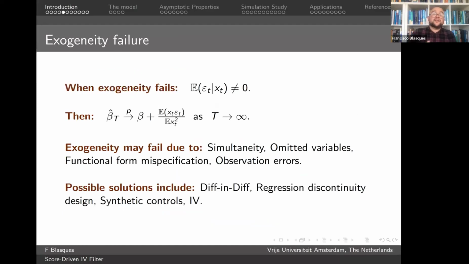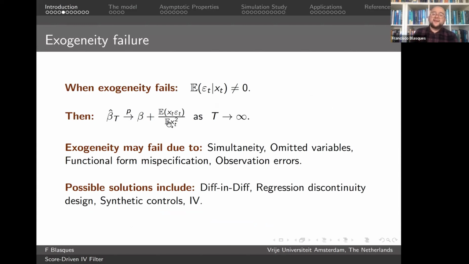Of course, what happens when the exogeneity condition fails is that the remainder term doesn't vanish. So beta hat, the least squares estimator here, converges in probability, or almost surely, depending on the proof, to beta plus a bias term.